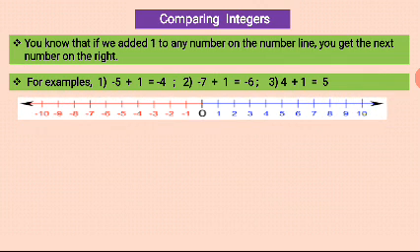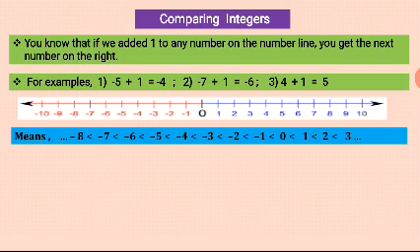Using the number line, we learned that. See carefully. Observe the number line. -8 is less than -7, less than -6, less than -5, less than -4, less than -3, less than -2, less than -1, less than 0, less than 1, less than 2, less than 3, and so on up to a point we can't say.